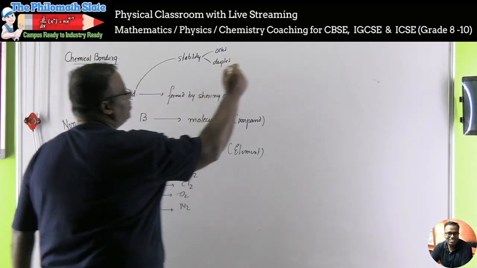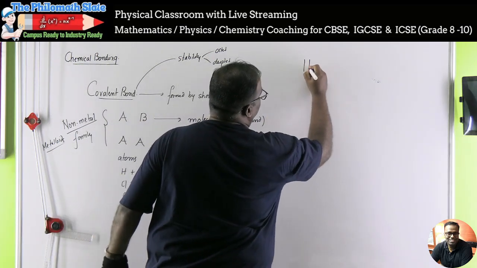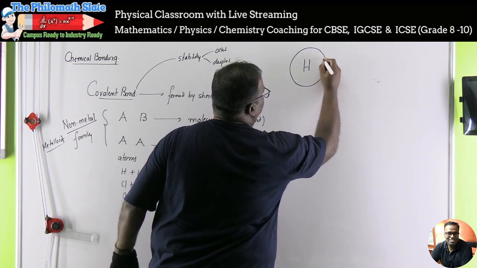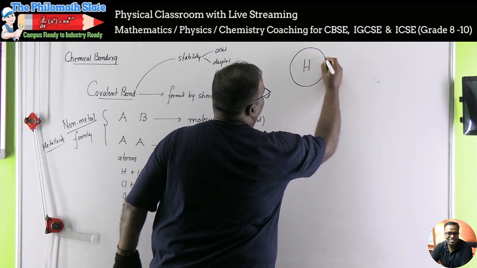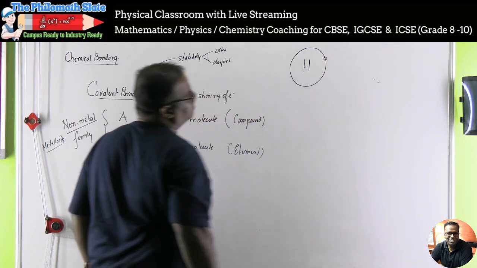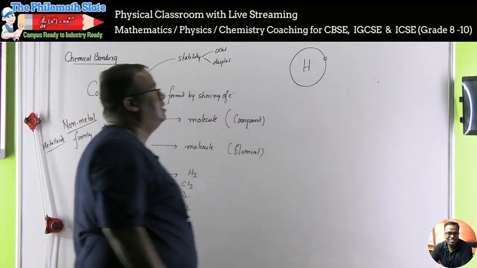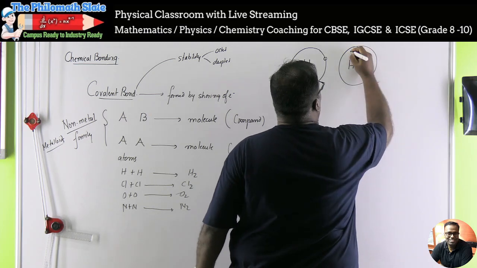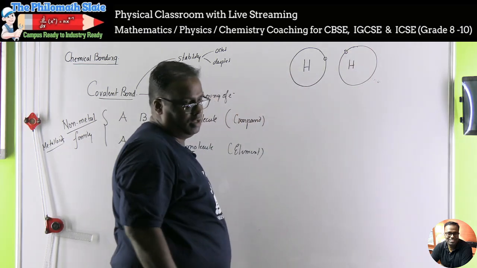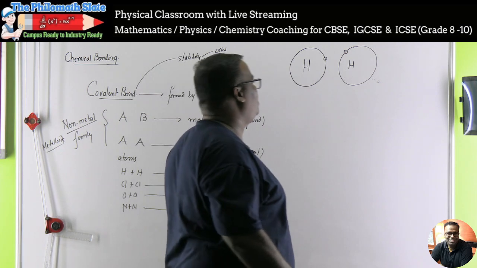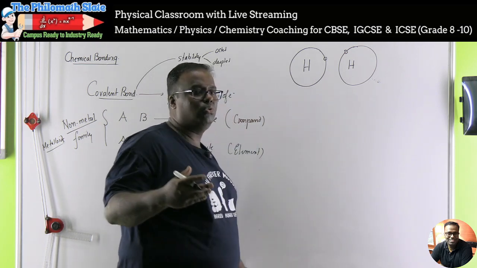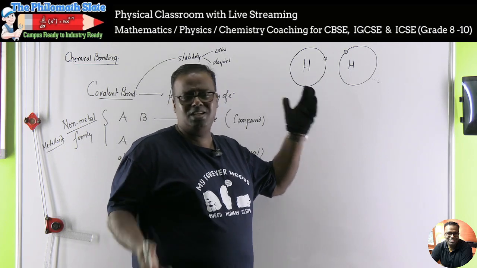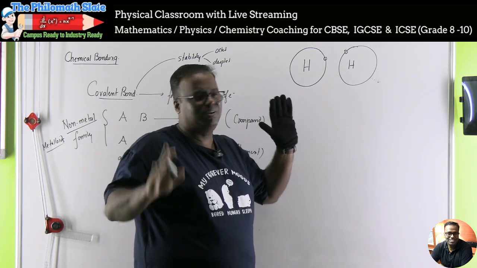So let's look at hydrogen. Hydrogen as an atom, this is one atom of hydrogen, and this poor little atom has 1 electron out here. This is another atom of hydrogen, and this atom has one more electron out here. So what is bonding? If you go to higher classes, you will study what a bond is. No one has seen a bond, so these are all a little imaginary.